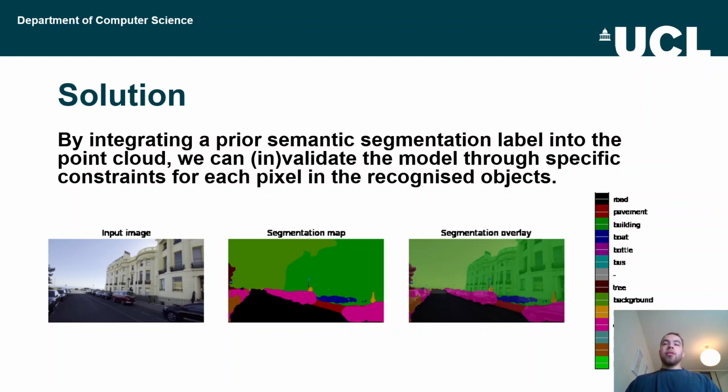So the pixels input to the structure from motion algorithm and the point cloud output have another dimension, which is their semantic label. Each semantic label can have its own constraint. To begin with, we're just having a single constraint and we're specifying it ourselves.